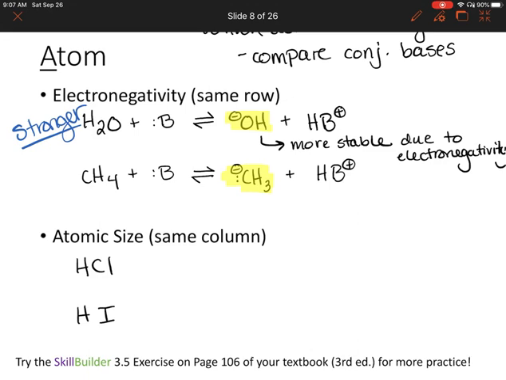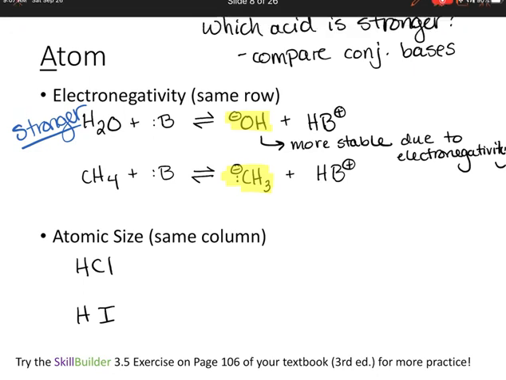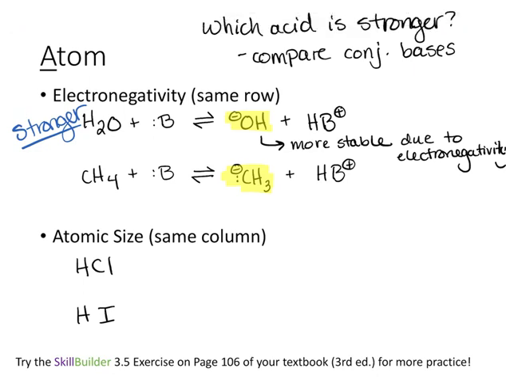So we have hydrochloric acid and hydroiodic acid. So again, we're going to compare their conjugate bases. So let's draw out the reaction for each. Okay, so I would like you to pause the video and write out the products for each reaction.